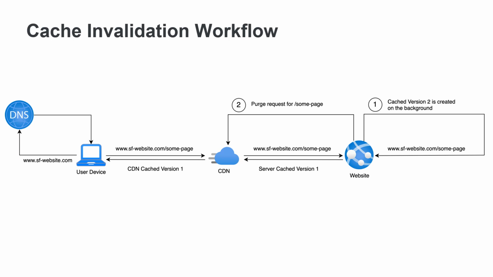In addition, the CDN invalidation workflow is configured to work together with the output cache warmup. This means that when a page is updated, Sitefinity Cloud will first request the new page, ensure it's cached on the server, and only after that will send the purge request to the CDN. This ensures optimal website performance on all caching levels.